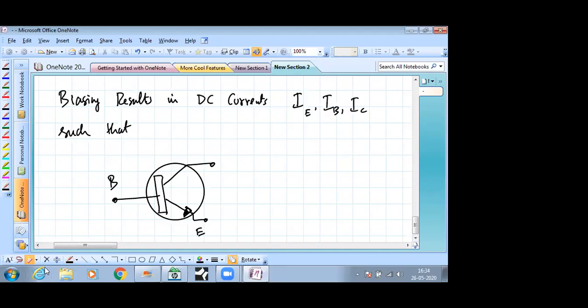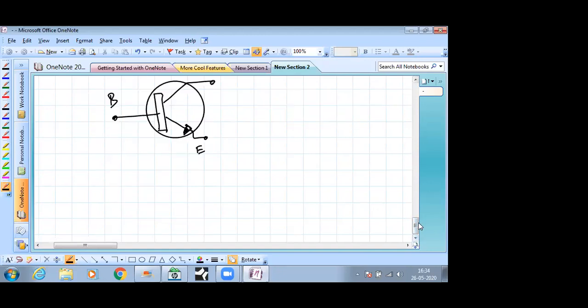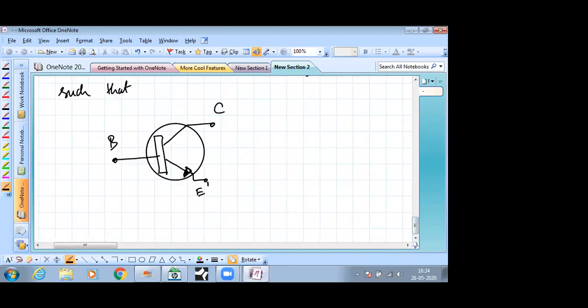Pardon, this one is the collector pin. So once we've achieved the biasing, remember this is an NPN type. So the base side has to be at higher potential. So the polarity of this DC source will be like this, so that the base is at higher potential than the ground pin.